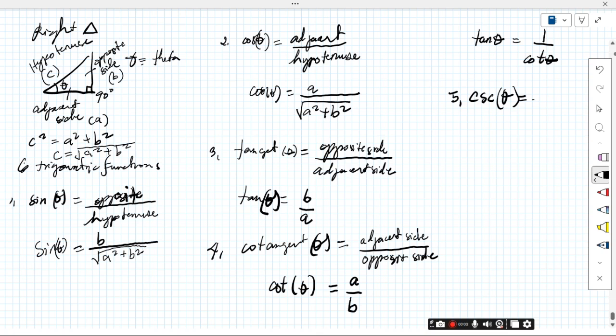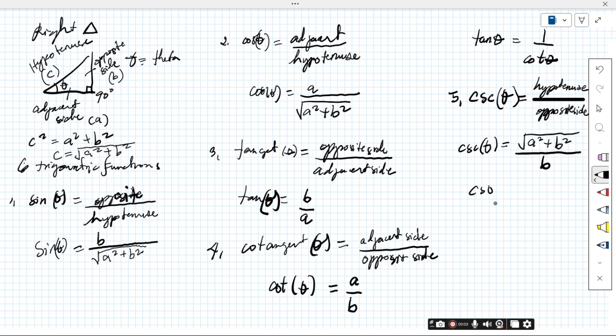So if our sine theta is opposite over hypotenuse, then in the numerator it has to be the hypotenuse, and in the denominator it has to be the opposite side. The hypotenuse is defined, again from the Pythagorean relation, as the square root of A squared plus B squared. So the opposite side here is B.